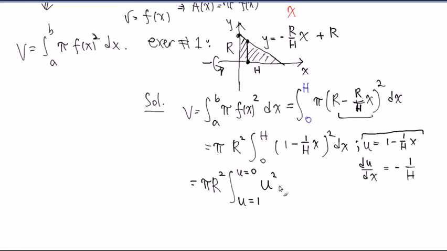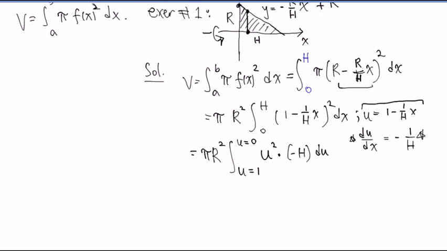And what do we multiply? The reciprocal of du dx, right? What is the reciprocal of du dx? Du dx is calculated here for you. The reciprocal is negative h, right? So times negative h, du. That is my substitution rule. Okay? Change in terms of u and multiply the reciprocal of du dx.